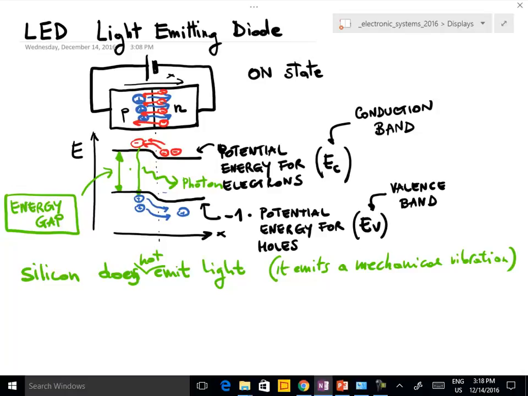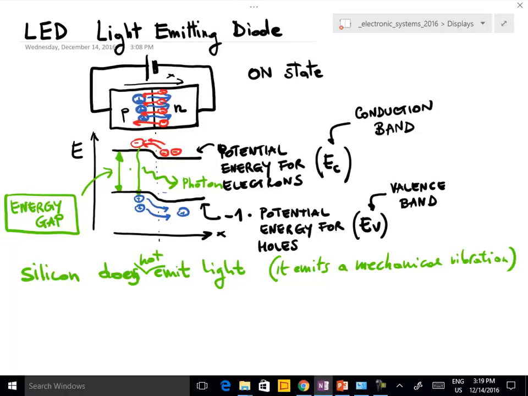There are other material systems with which we can obtain light, and of course we can obtain light of different colors depending on this energy gap, because depending on the energy gap we have different energies of the emitted photons, which correspond to different wavelengths, which of course correspond to different colors. Okay.